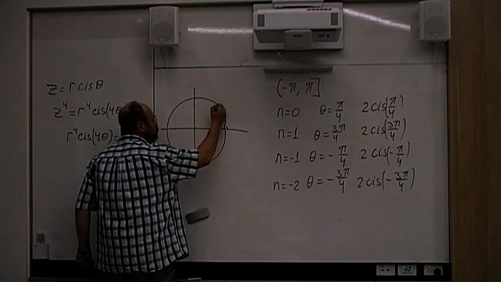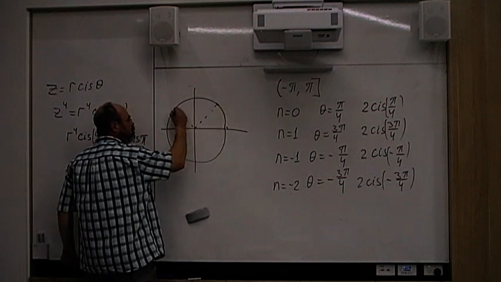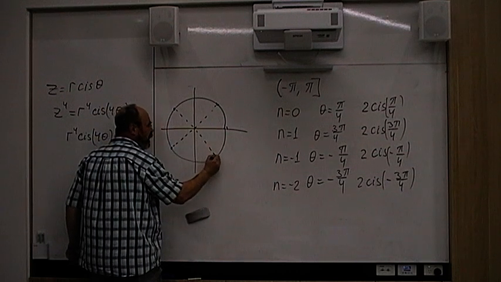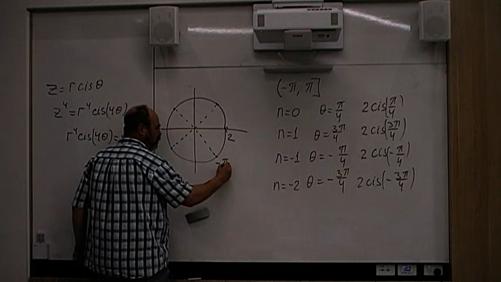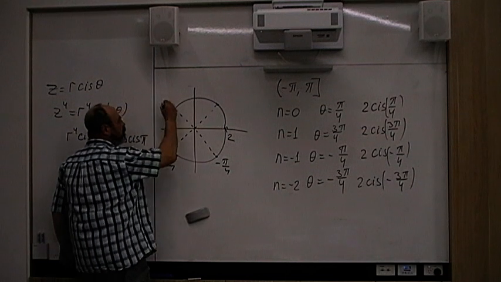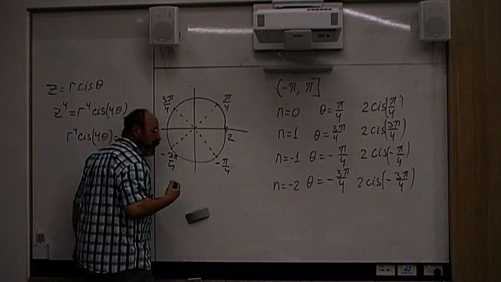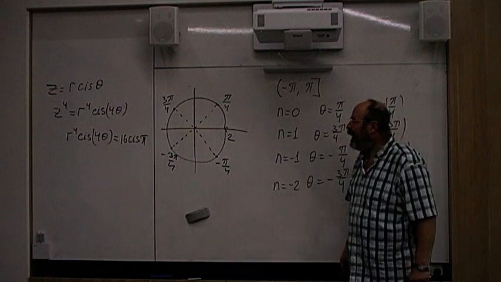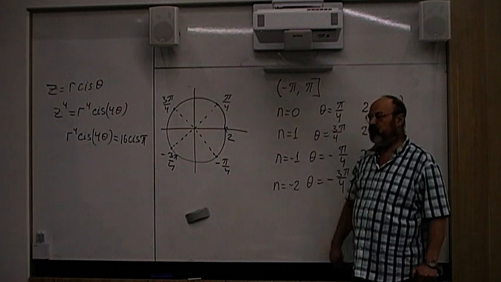Pi on 4, 3 pi on 4, negative 3 pi on 4, and negative pi on 4. So they are on the same circle with the same radius, and they are evenly spaced around that circle.